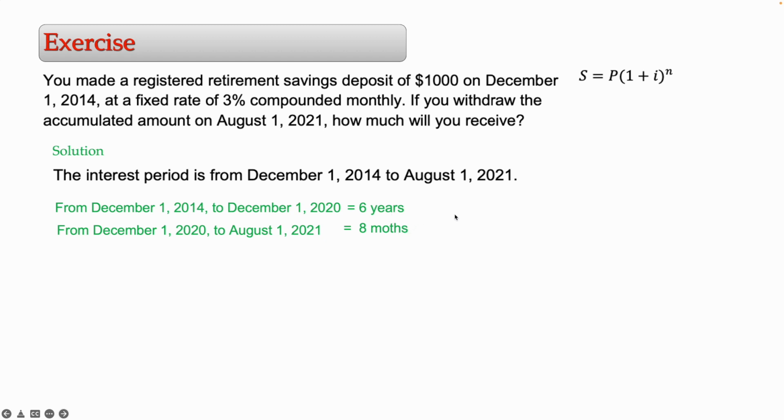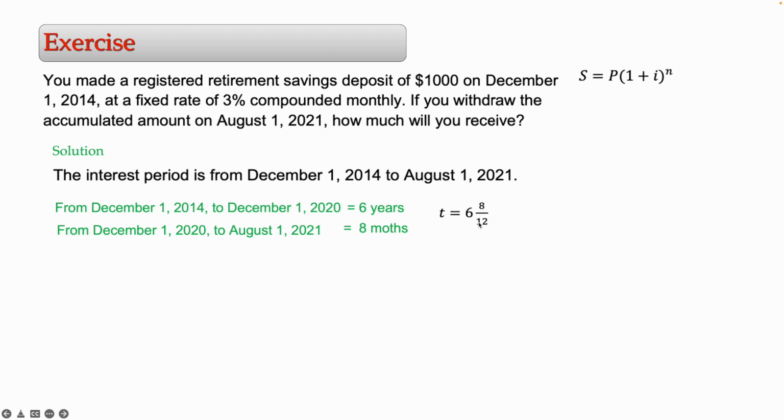So it will be 6 and 8 over 12, 8 twelfths of a year, since these are months. You can use this number if your calculator knows how to use fractions, mixed fractions.